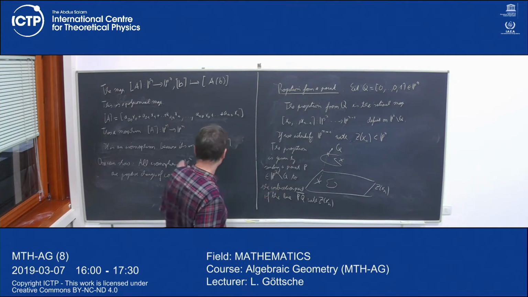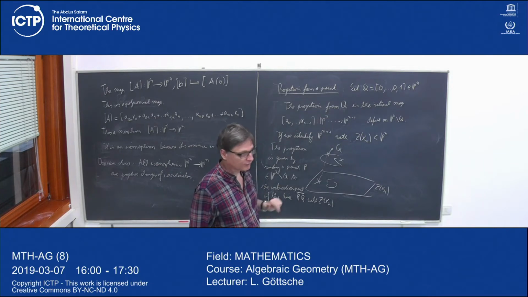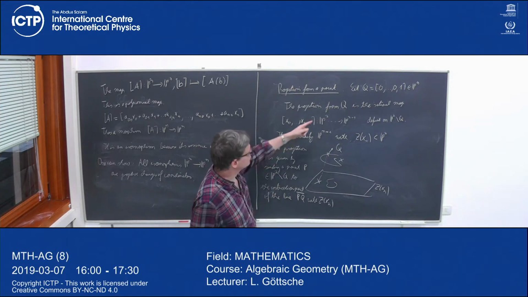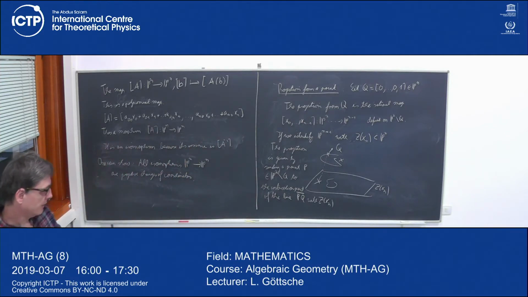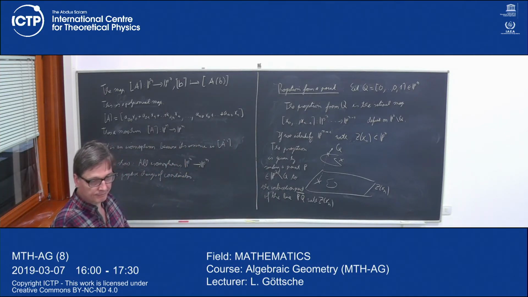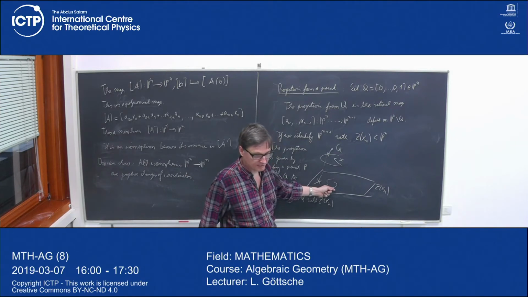So up to projective change of coordinates, there's only one projection from a point, which is this one, because you can use a projective transformation to move this point to there. But actually we need more than moving the point; we need to move the point and the complementary plane, but you can do that.